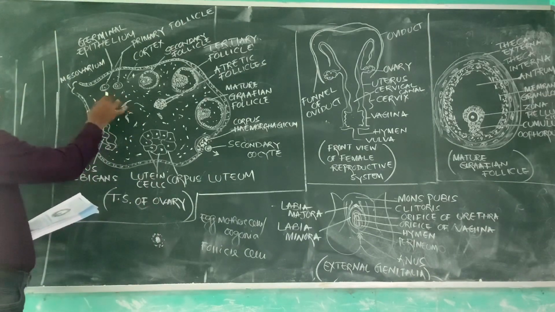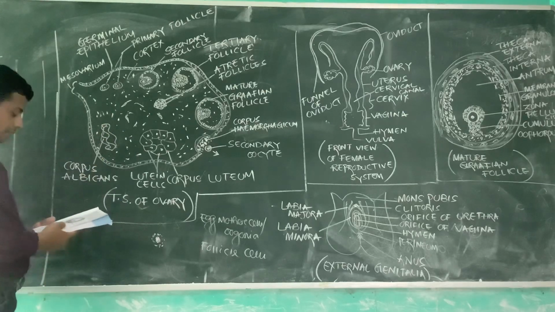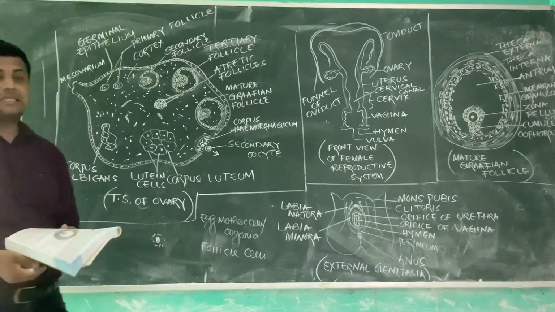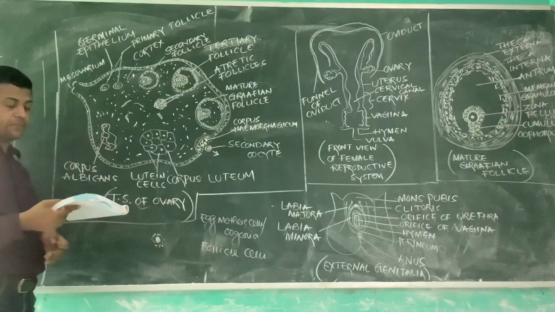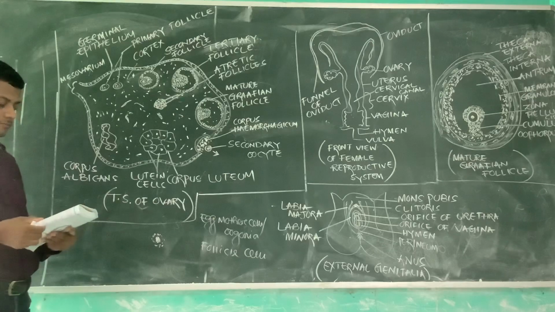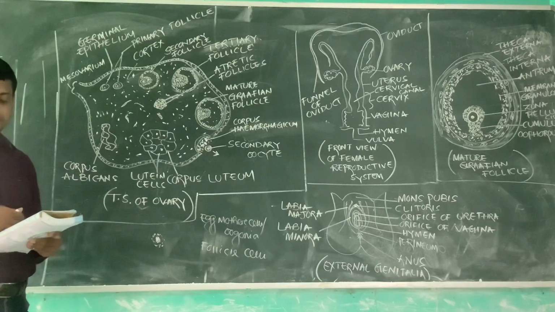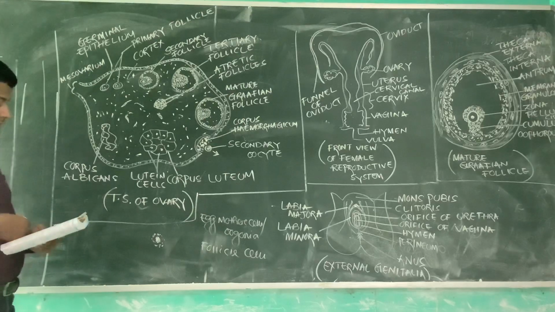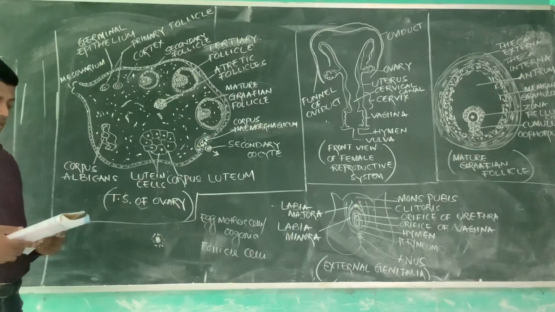Look at this diagram. These are the primary follicles. We know that about 2 to 4 million oogonia are present initially, formed at birth, but no more oogonia are formed and added after birth.